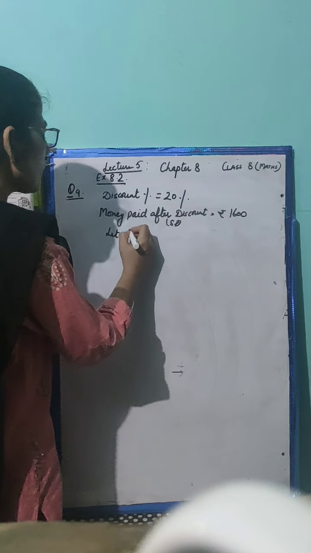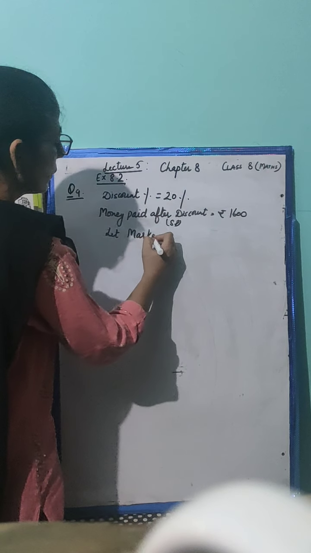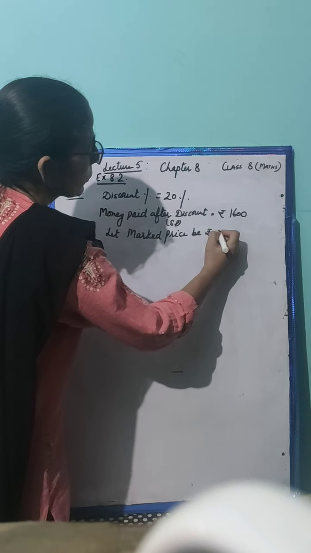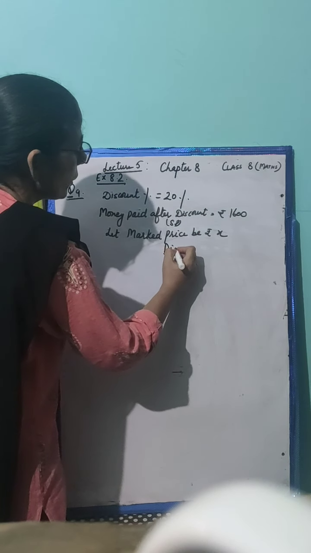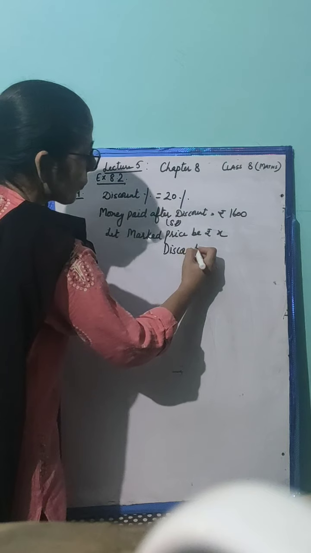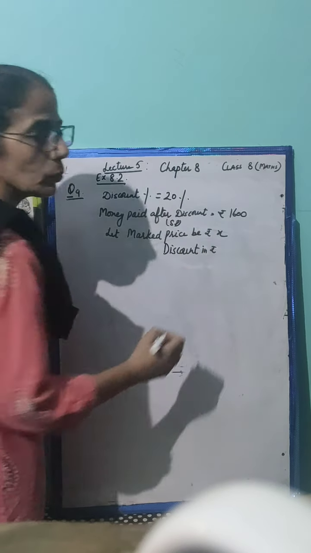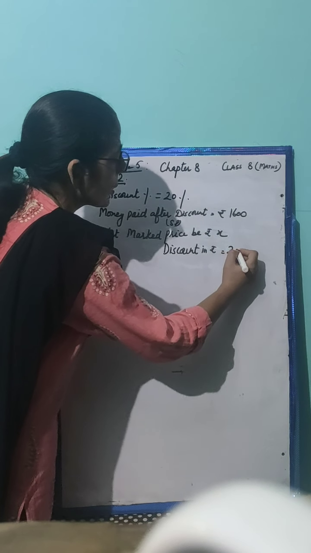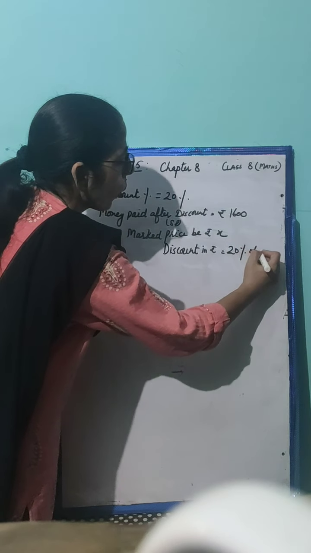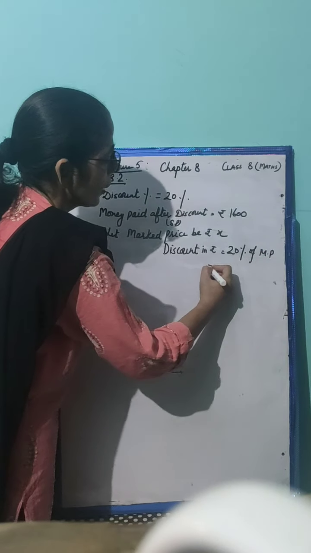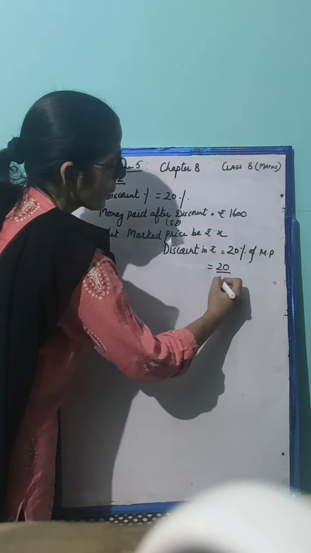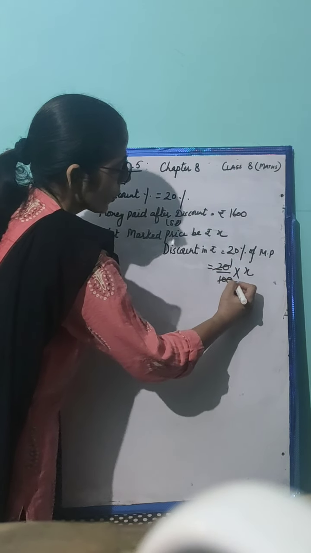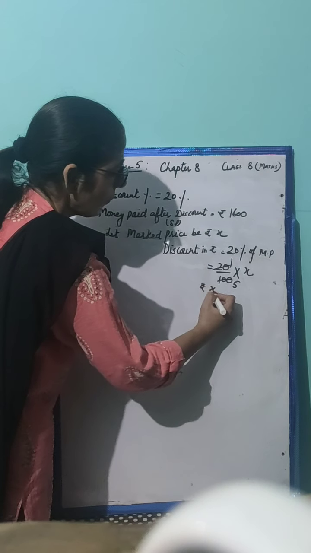Let the marked price be rupees X. You have to keep in mind that discount is always given on the marked price. Discount in rupees is 20% of the marked price. 20% means 1 by 5 of this, so this is rupees X by 5.